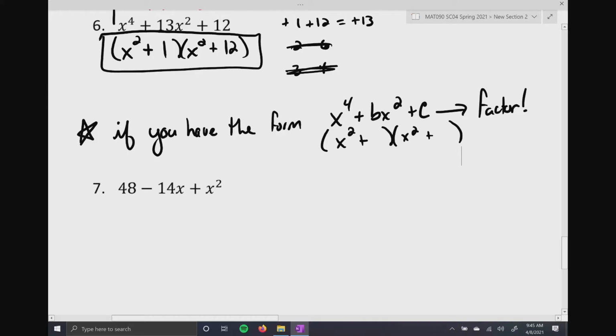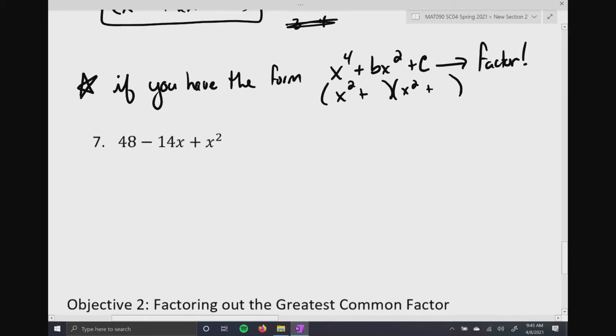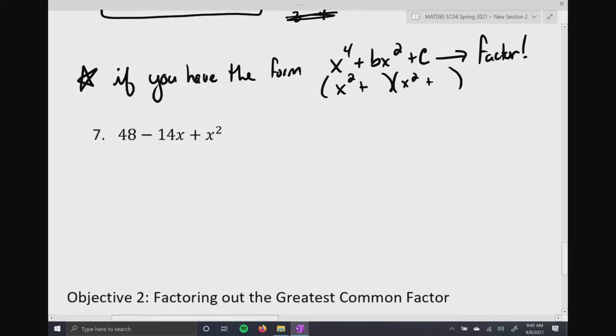Frowny face. Anyways, the only way I can make this more difficult for you, now that we have the steps, we have our flow, is by doing things like problem 7, where I switch up the terms. And I ask, can you factor this? You got to be able to look at this and say, well, I got the x squared term and there's a 1 in front.